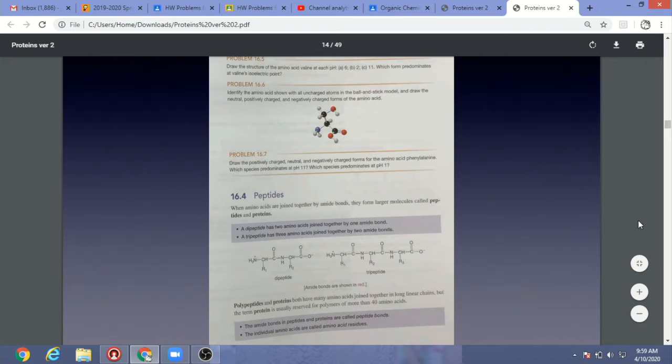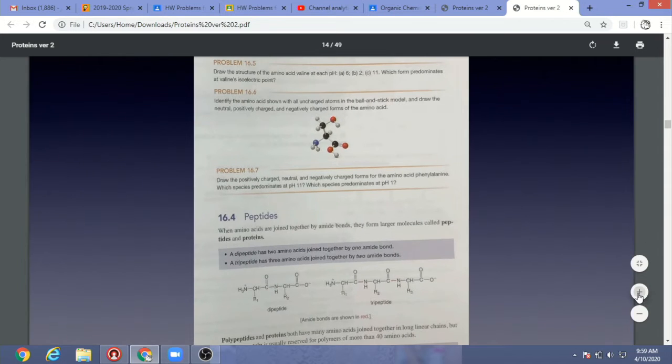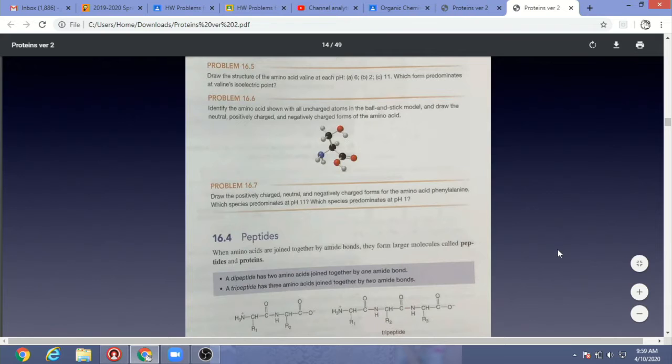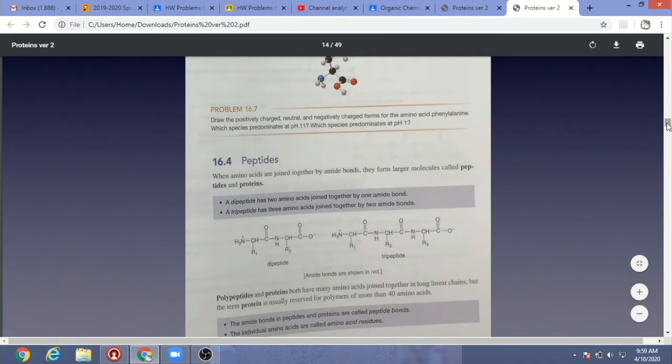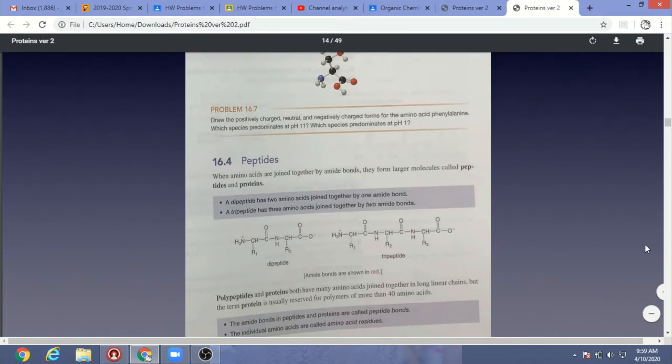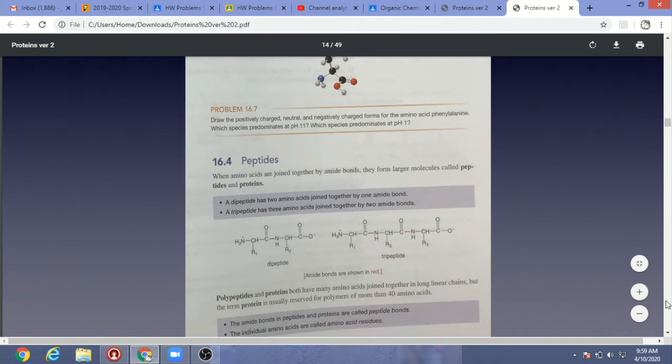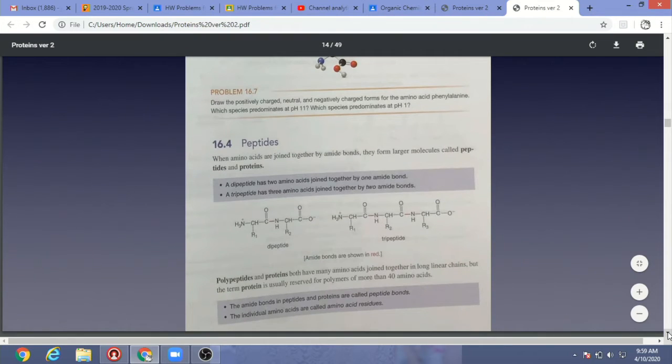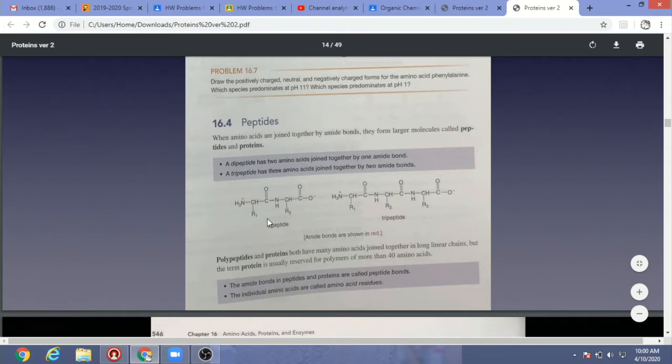When amino acids are joined together, they form peptides, which are eventually going to be your protein. I know we're talking a lot about polypeptides and amino acids, but that's because they make up a protein. That's the primary structure of a protein. In the beginning, you essentially have a bunch of amino acids that form peptides, and those peptides get joined together by peptide bonds.